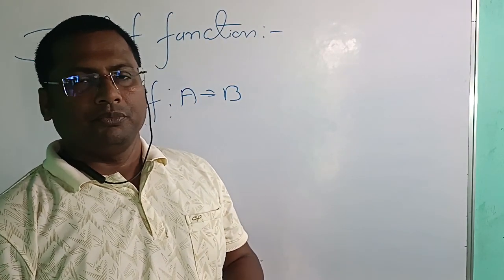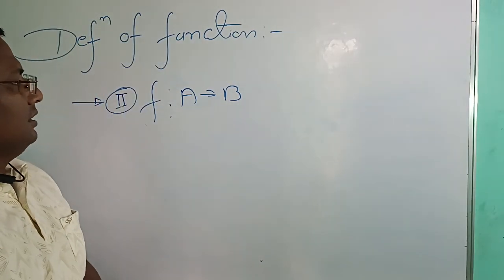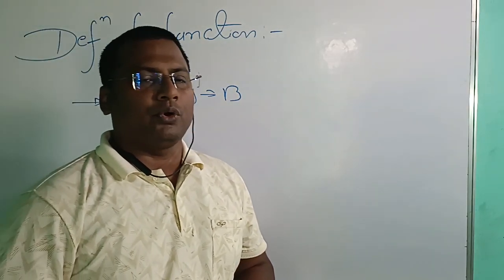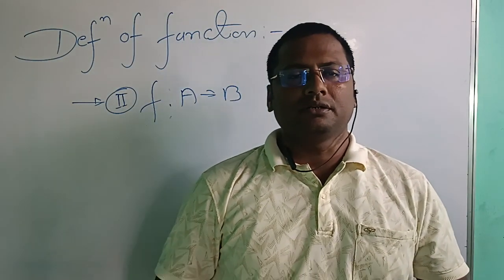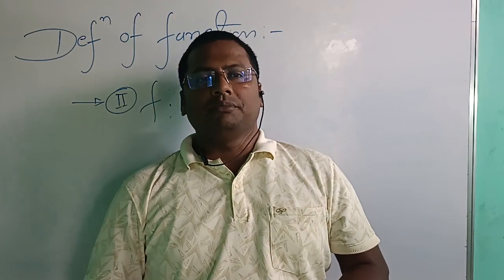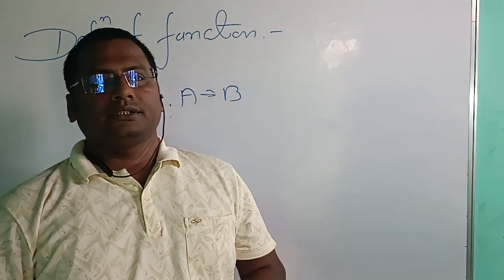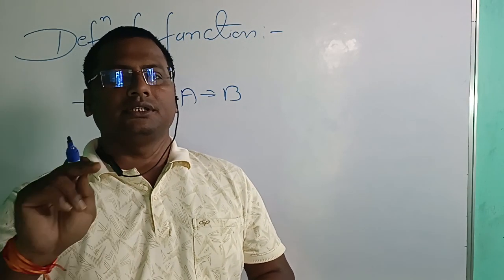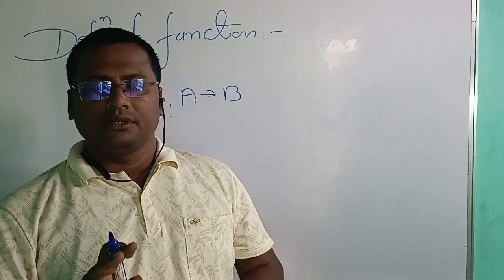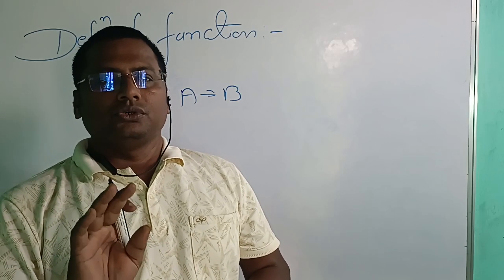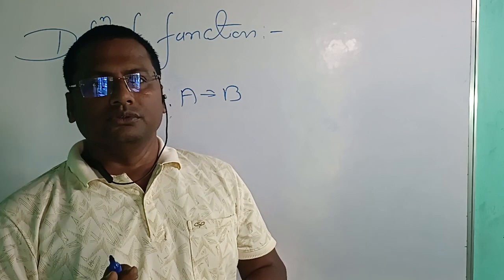Now the second important point is that a mapping f from A to B is said to be a function if each element of set A has one and only one image in set B. That means a function should not be multi-valued.